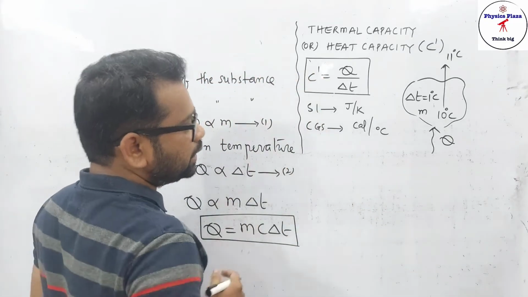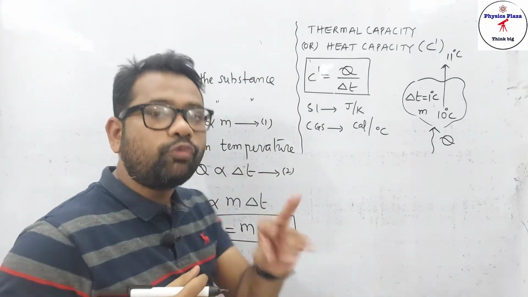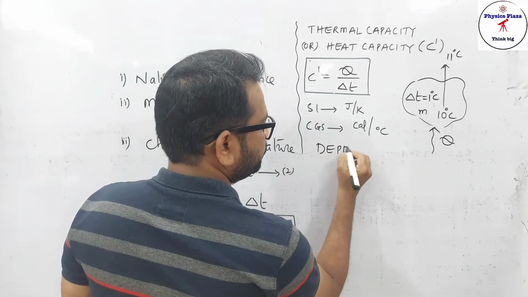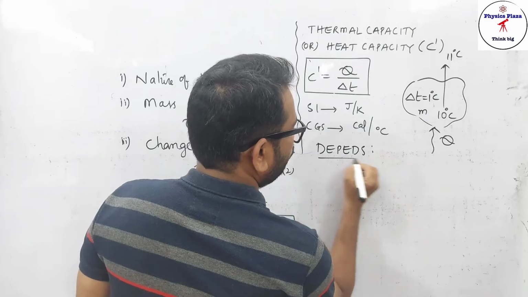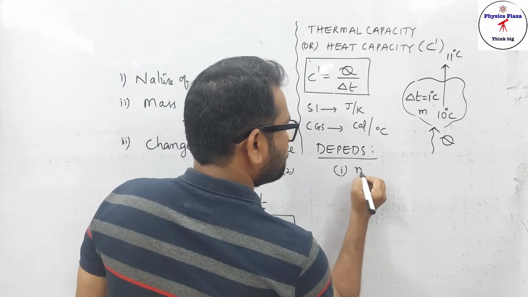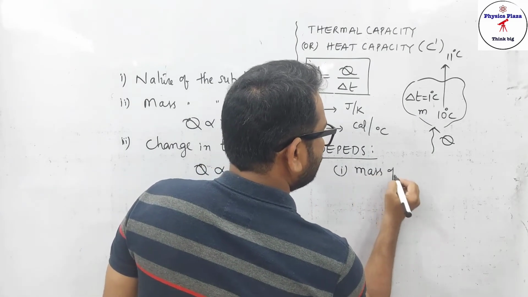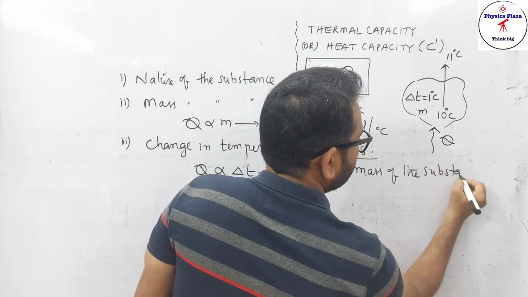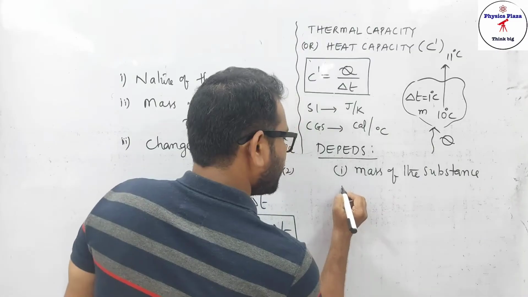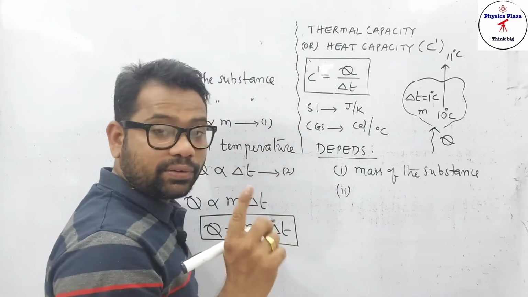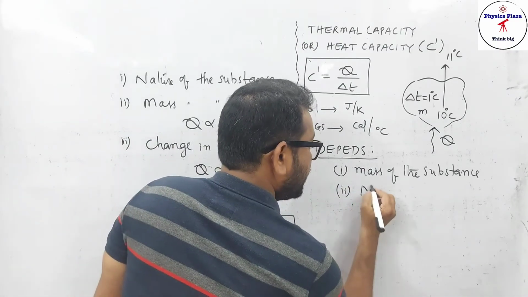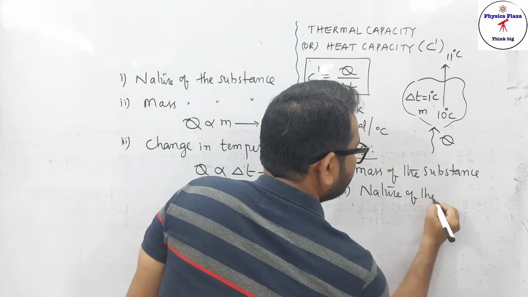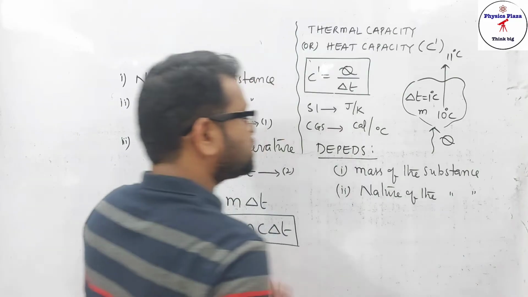Now here thermal capacity depends on two factors, children. First one is the mass of the substance, whereas the second one is very important: the nature of the material, the nature of the substance.